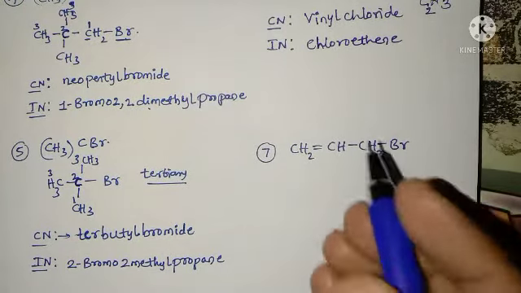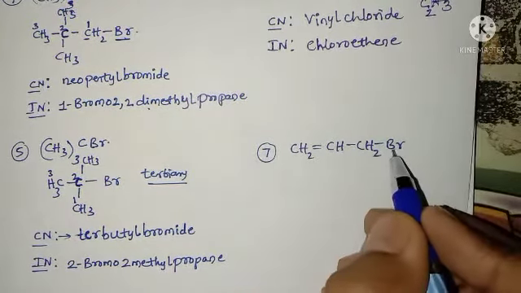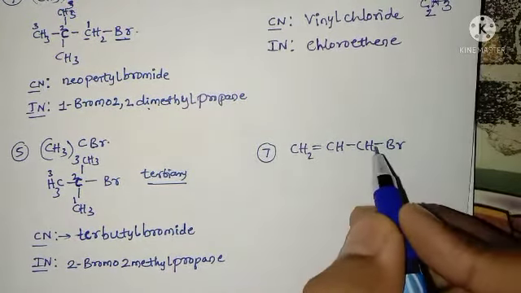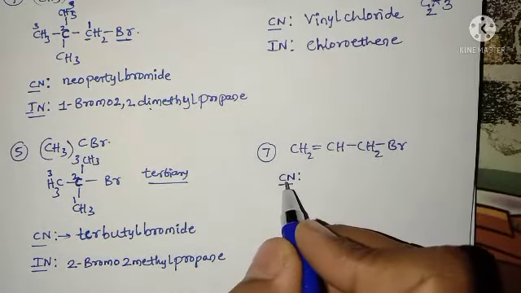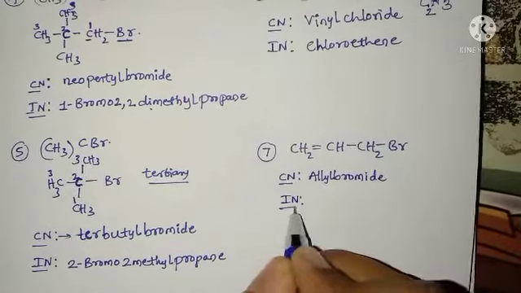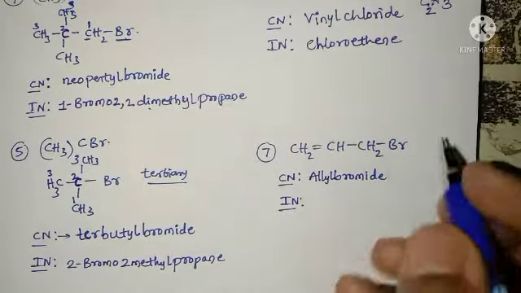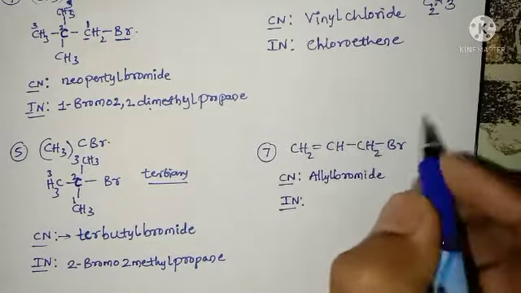So the next example we have here, the bromine atom is attached to this carbon atom. This carbon atom is an allylic carbon. So the common name of this compound is allyl bromide. For the IUPAC name of this compound, we have to select the longest chain of the carbon atoms and start the numbering here.